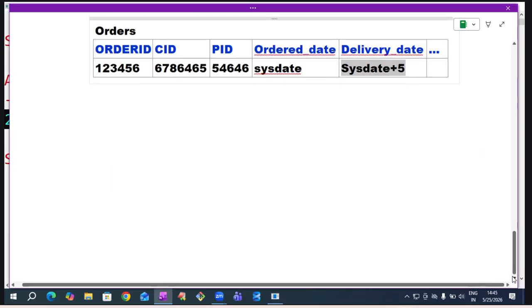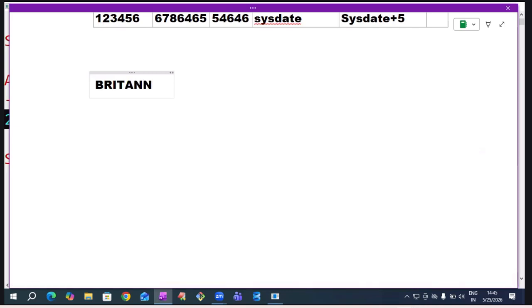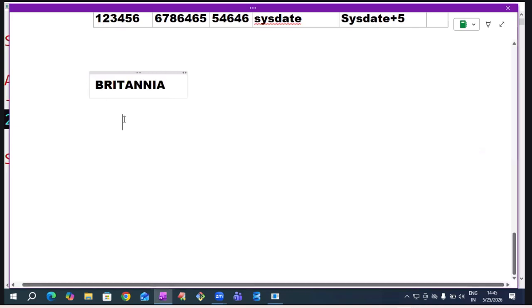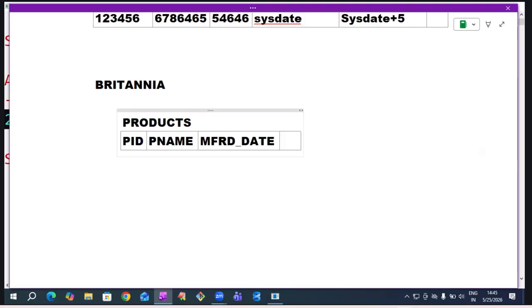Next, adding months, sir. For example, Britannia company, they are maintaining their products information in the products table like this. Product ID, product name, product manufactured date, and the product's expiry date.